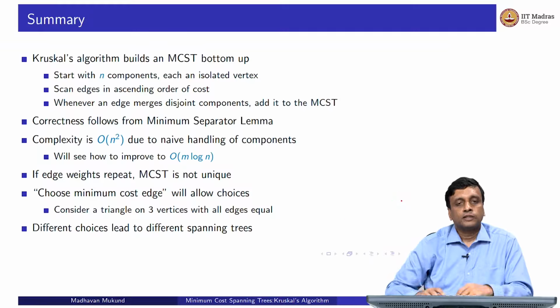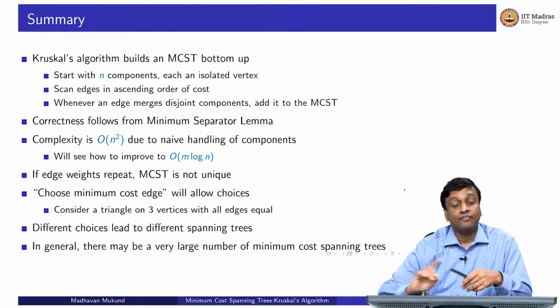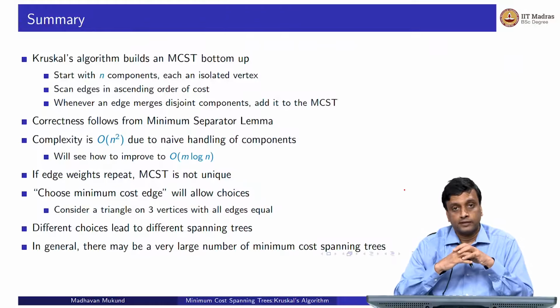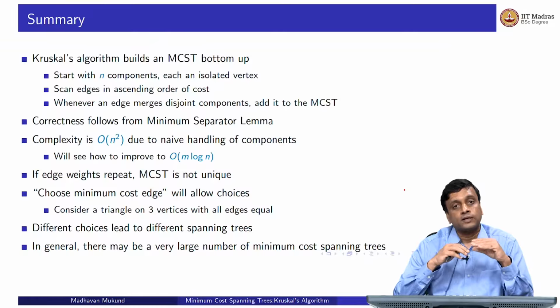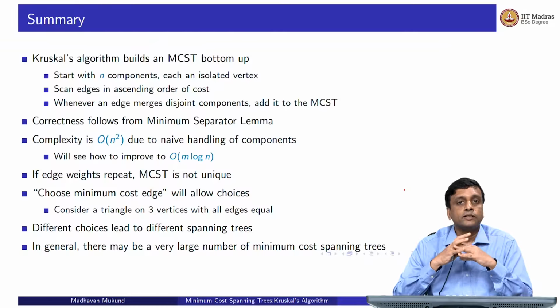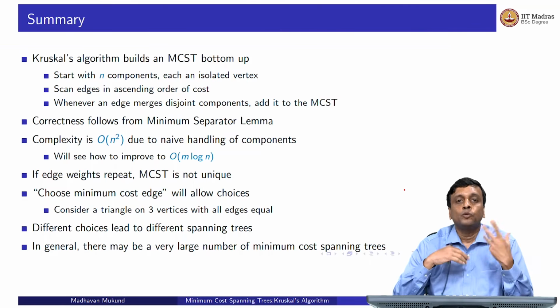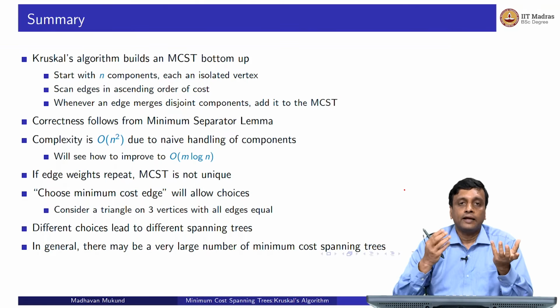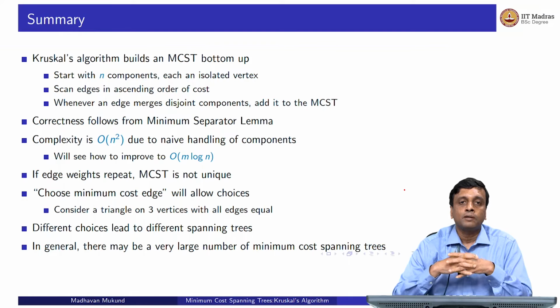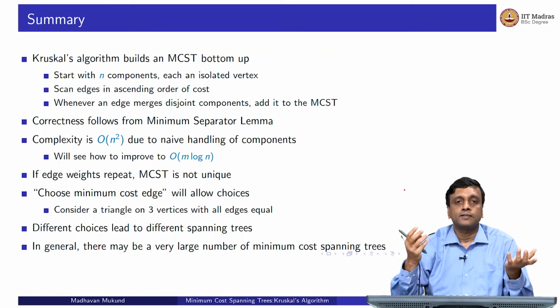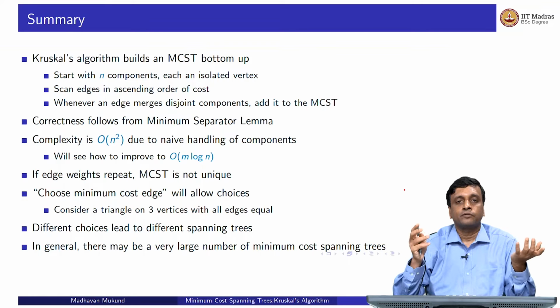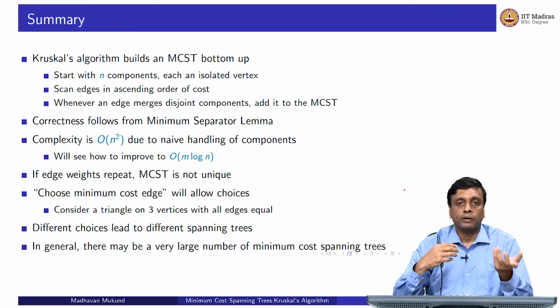So thanks to these different choices, there are different spanning trees, and in fact there are a very large number of minimum cost spanning trees. So what we have shown is how to construct one. If the question is how to enumerate all the possible minimum cost spanning trees, then that could be a very large number. So that could be an expensive thing to calculate, simply because we have to enumerate a large number of things, and there is no way to enumerate a large number of things except to list them out one by one.